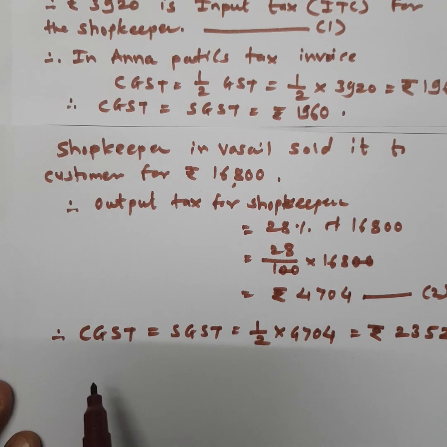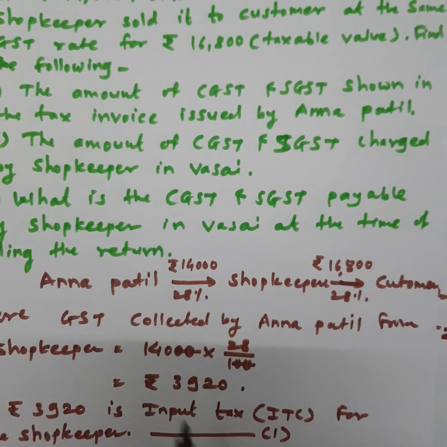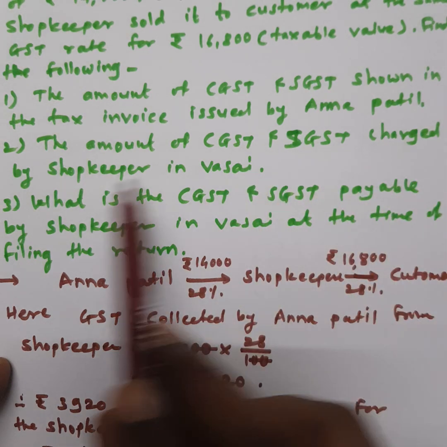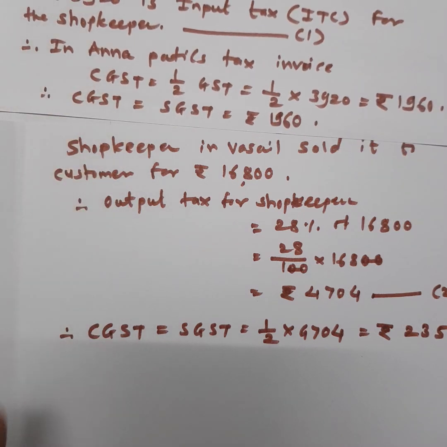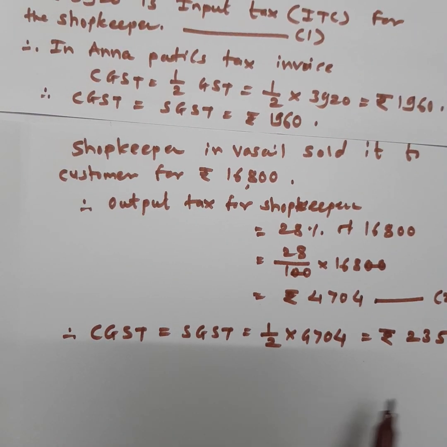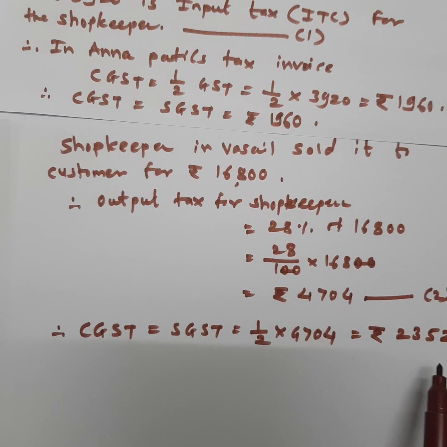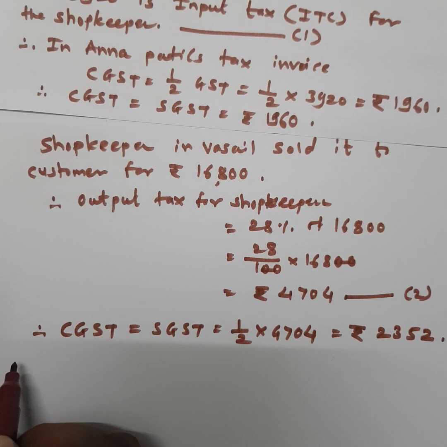It is the answer of our second question. What is the second question? Here, the amount of CGST and SGST charged by the shopkeeper in Vasai. These amounts, CGST and SGST, are equal to 2,352 rupees. Now we have to calculate payable.